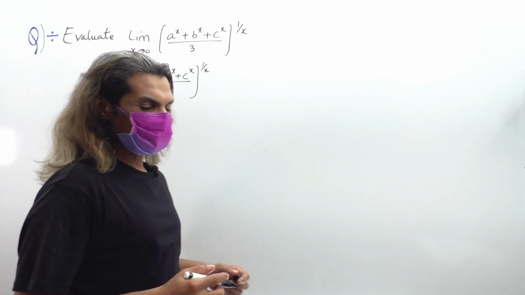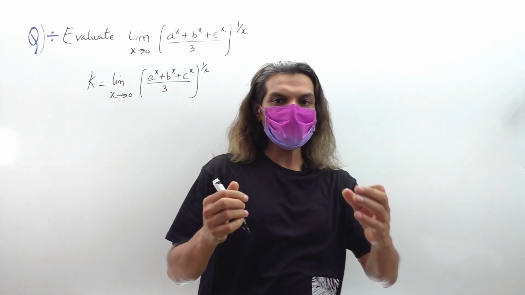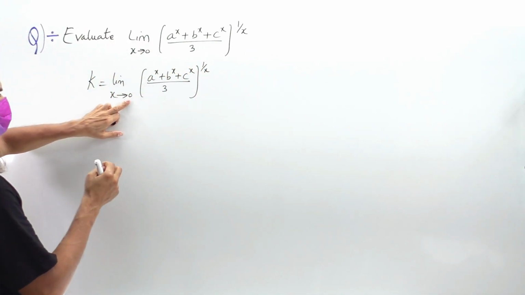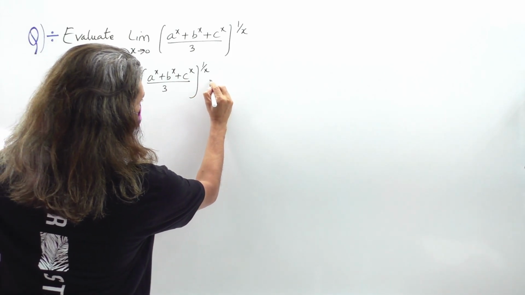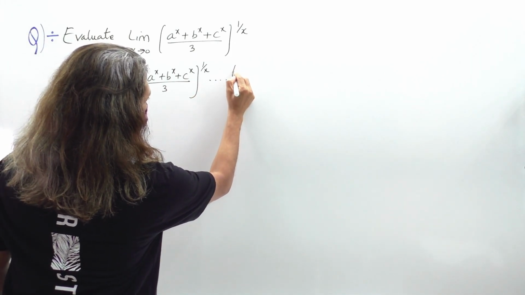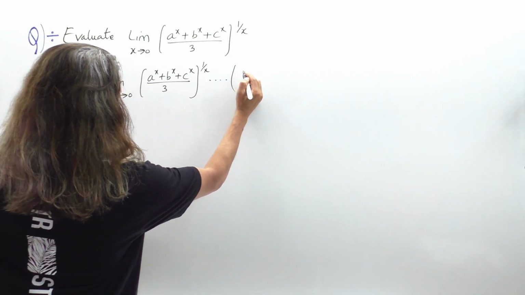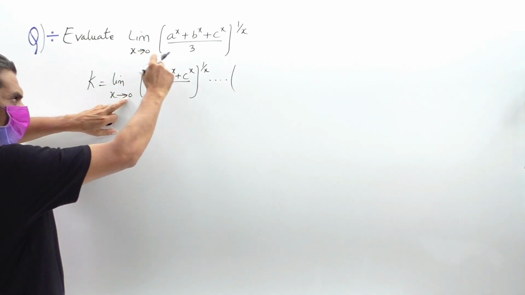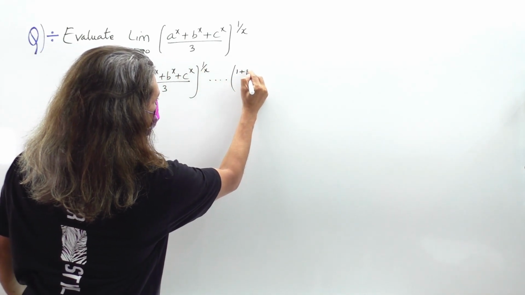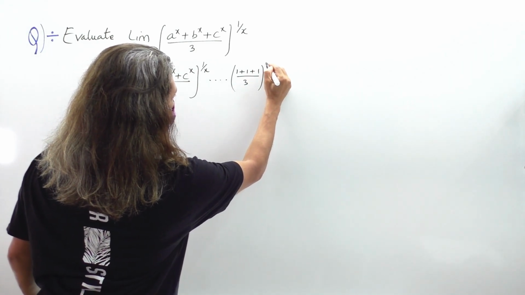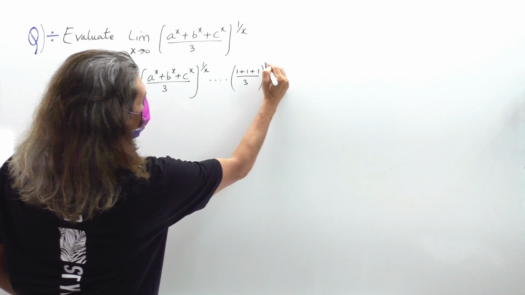As this question carries around 6 or 7 marks, you have to write each and every step properly. Now, first let's apply the limits. See, if you apply the limits here, this will be a raised to 0 plus b raised to 0 plus c raised to 0, that is 1 plus 1 plus 1 upon 3, raised to 1 by 0, infinity.